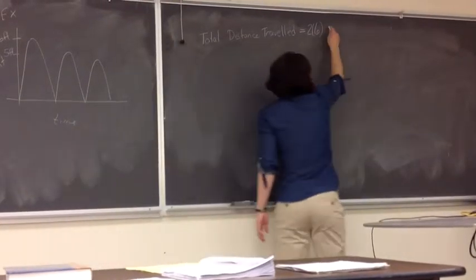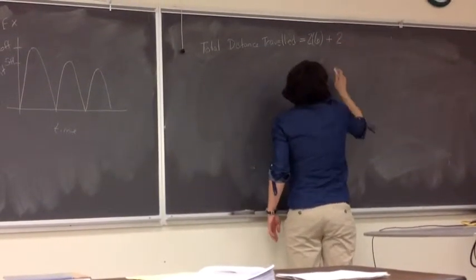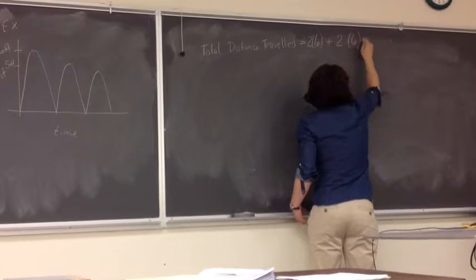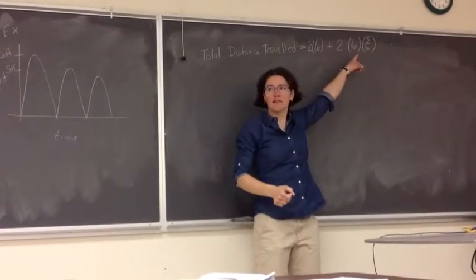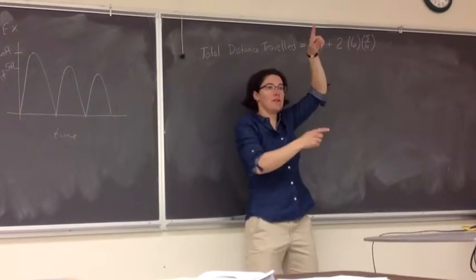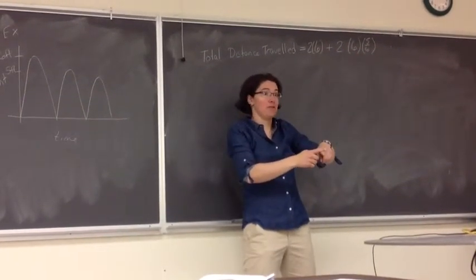And then the next time around, the ball went 6 feet, but only 5/6 of that. And so we had 6 times 5/6, and then the ball went up in the air and came back down, so we had to multiply that by 2.